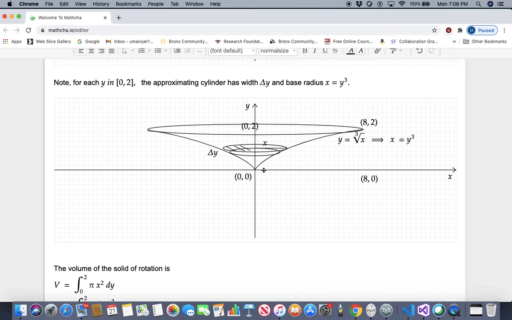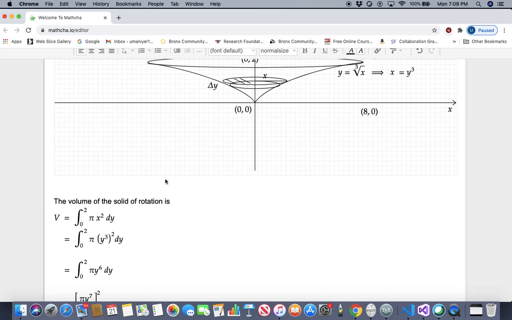So the solid is again supported on the y-axis from 0 to 2, and the approximating cylinder has width delta y. The radius is the x coordinate, going from here to here. The x coordinate is y to the power 3, just as in the previous problem. In the previous problem, we had an outer circle. Now we don't; all we have is the inner circle.